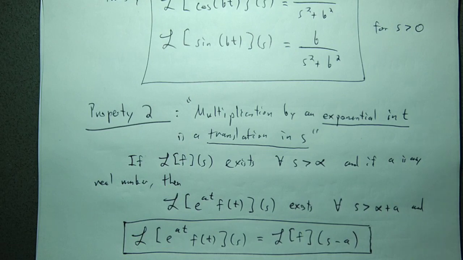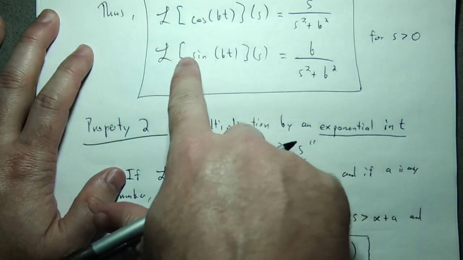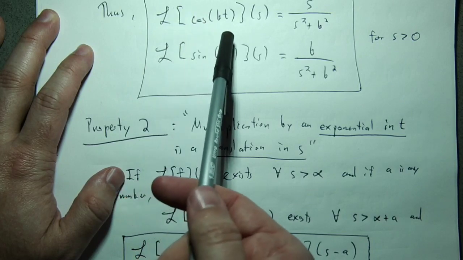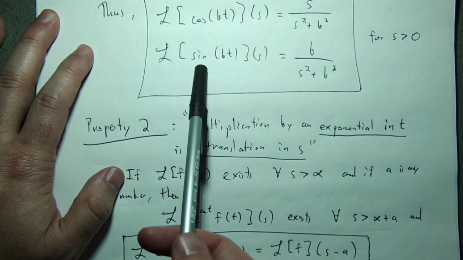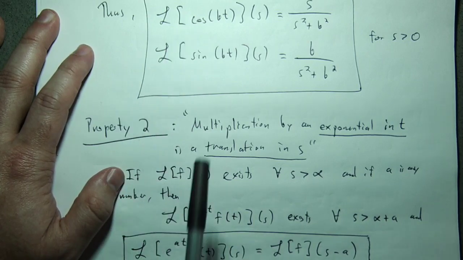Okay, so I'm not going to prove why that is, but this immediately tells us how to compute some more complicated things. So above here on the same page, I know the Laplace transform of cosine of bt and sine of bt. So this fact is going to allow me to compute the Laplace transform of e to the at cosine of bt and e to the at sine of bt.